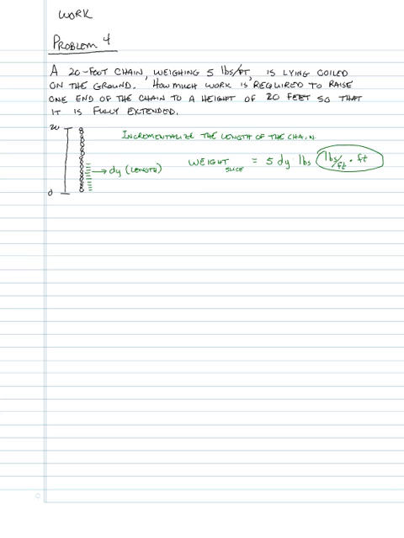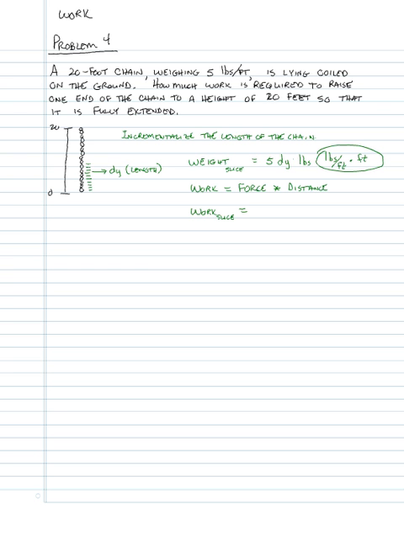Now, the work of lifting a piece, well, work in general, again, of course, is force times distance. And in this case, of course, we're referring to the work required to lift one of this infinitely small slice or piece of chain.